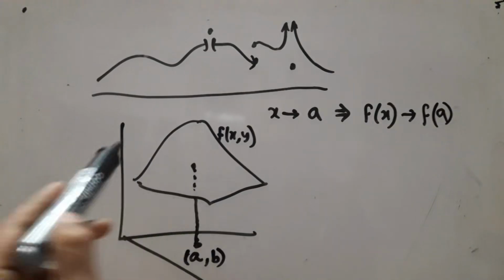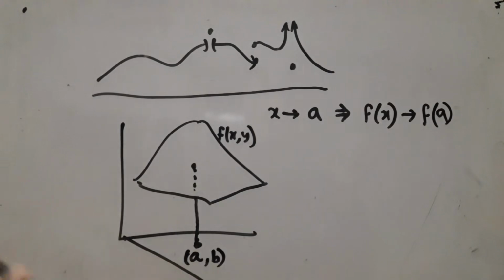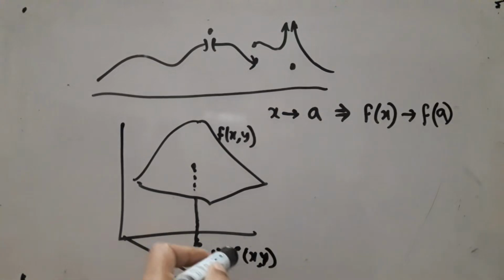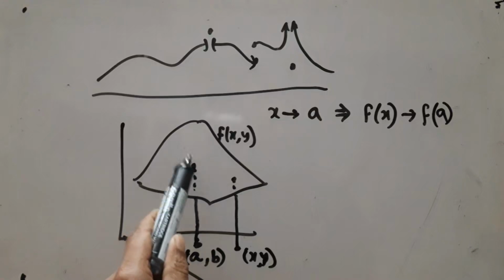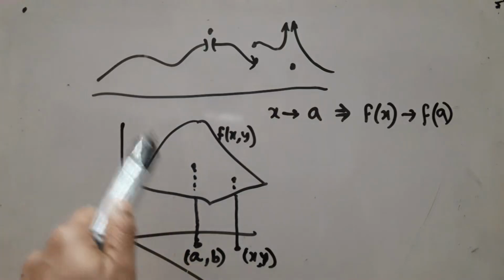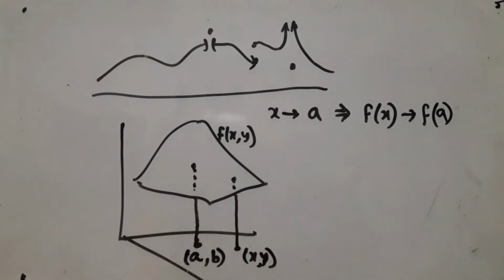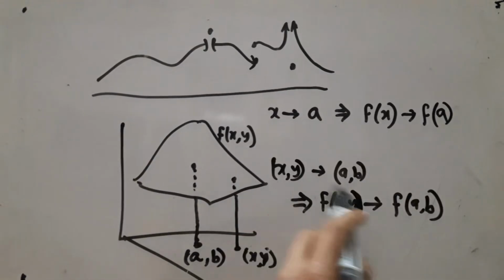I will say that this function is continuous at (a,b) if whenever I take any point, say here, and I consider the value of the function above it, then when I let this point approach this point in whatever way, it can even spiral down to it, come like this, go like this, but eventually it must come close to it, then this point will also come close to that point. If this happens, then we will say that it is continuous. So mathematically we can write it as when (x,y) approaches (a,b), f(x,y) approaches f(a,b).